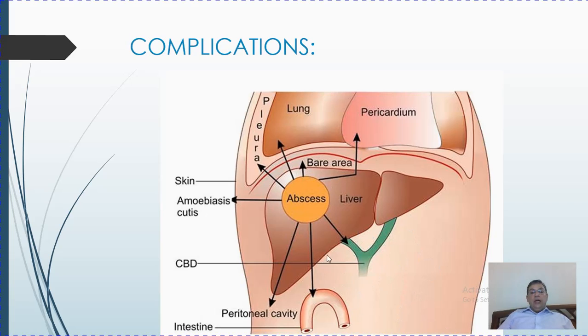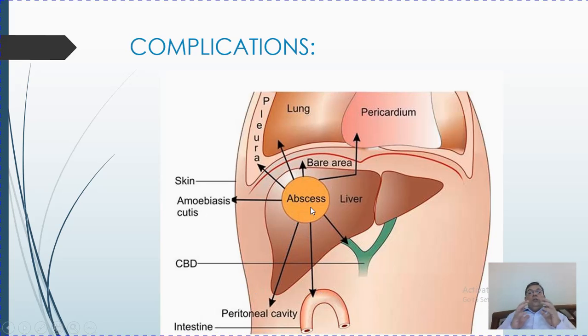As you can see in this diagram, the complications include, because the size would increase, once the size increases it can rupture, and it can rupture in various areas of the body, like into the pericardium, into the lung, into the pleural space, between the diaphragm and the liver, in through the bare area, on the skin when it causes amoebiasis cutis, or into the biliary channels, into the general peritoneal cavity and into the small intestine.